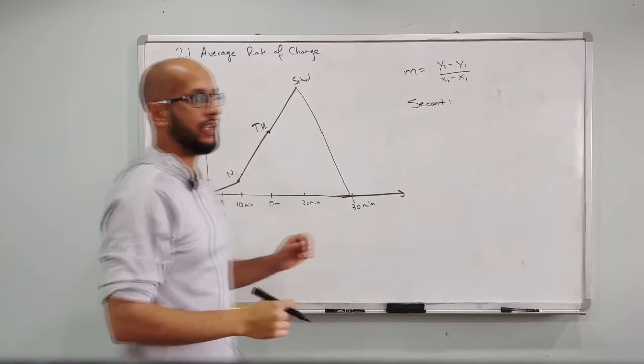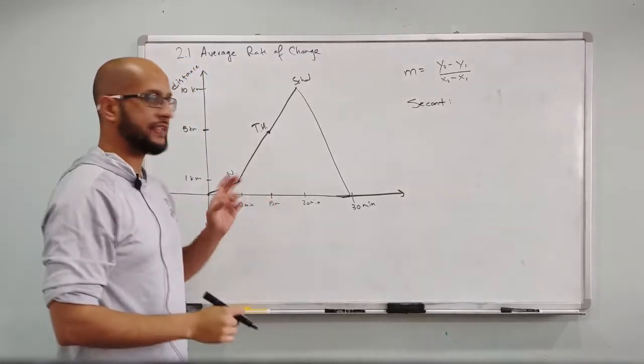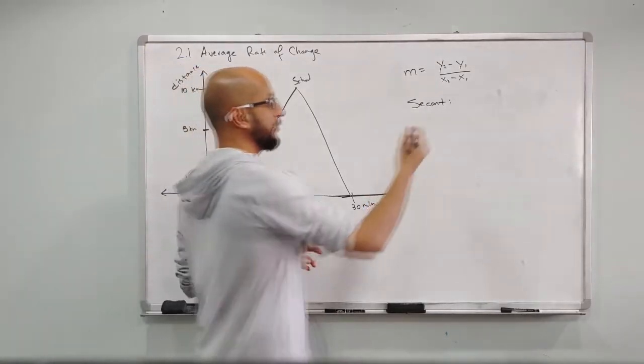But then I want to add in something called a secant. A secant is a line segment that connects any 2 points on your graph.